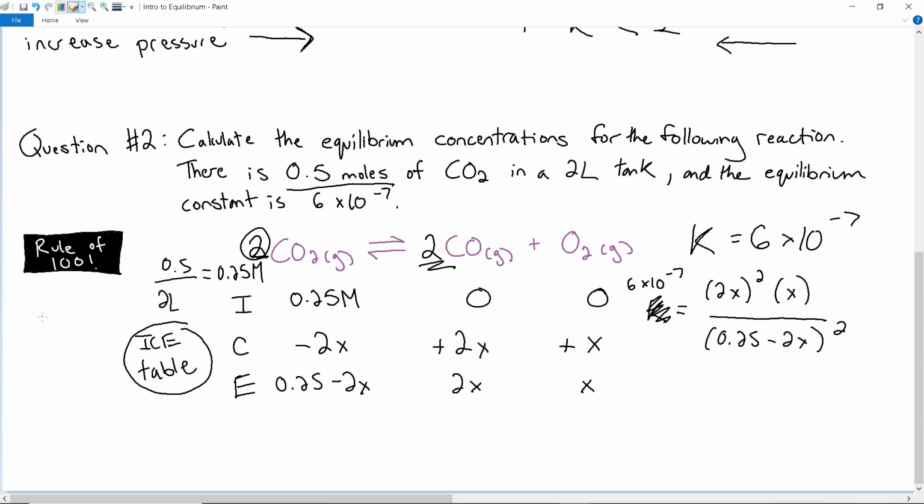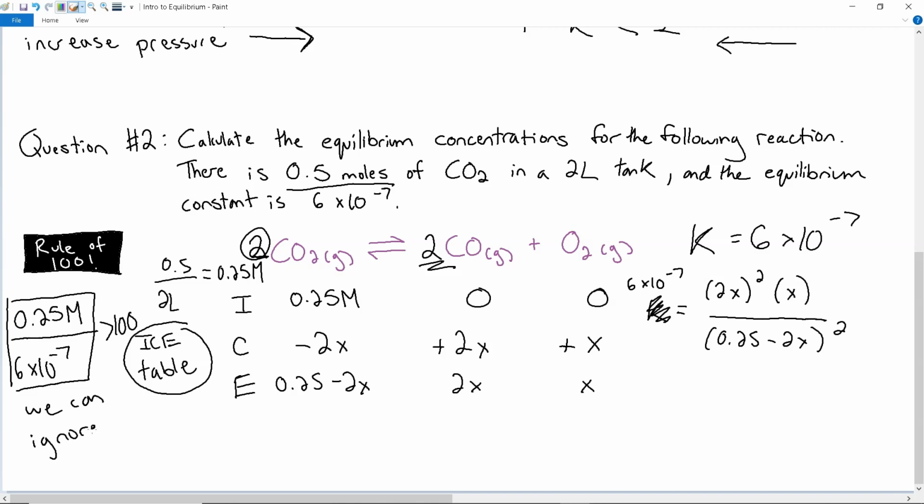So what we're going to do is take our initial concentration, which was 0.25 molar, and divide it by our K value. And if this ratio is greater than 100, we can ignore the change to the concentration.